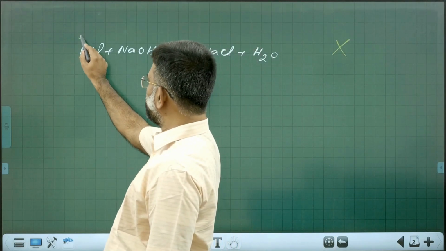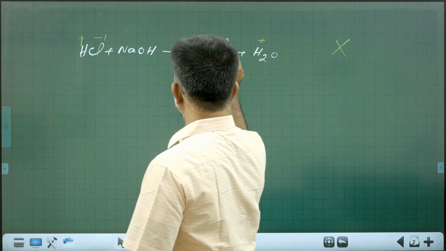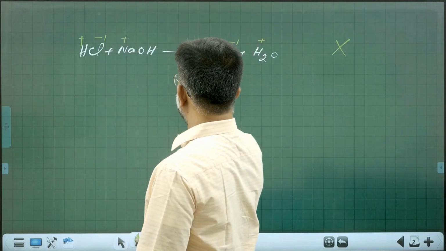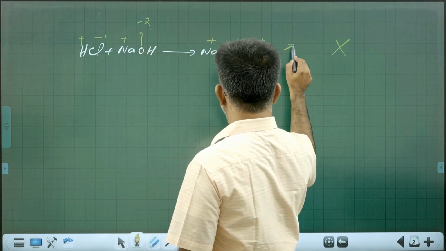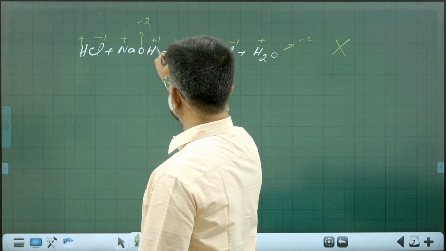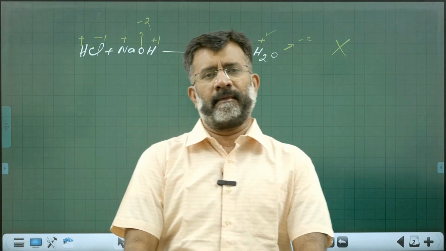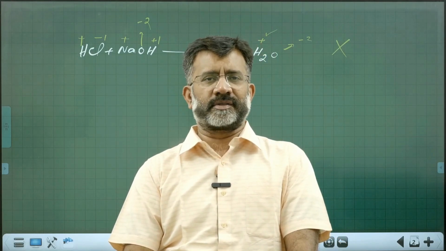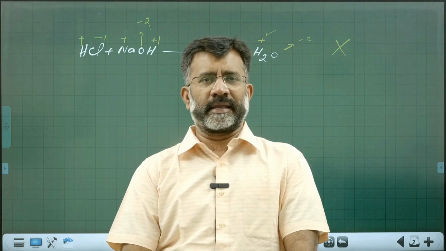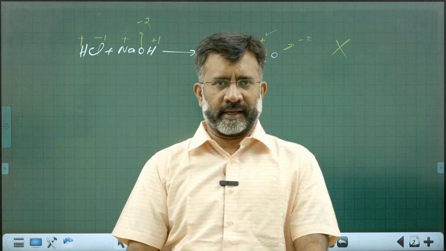Because you have H plus and you have H plus. You have Cl minus, you have Cl minus. You have Na plus, you have Na plus. You have oxygen minus 2, you have oxygen minus 2. You have hydrogen plus 1, hydrogen plus 1. All elements maintain their oxidation number the same. There is no difference in the oxidation number. There is no electron gaining, there is no electron losing. This is not a redox reaction.